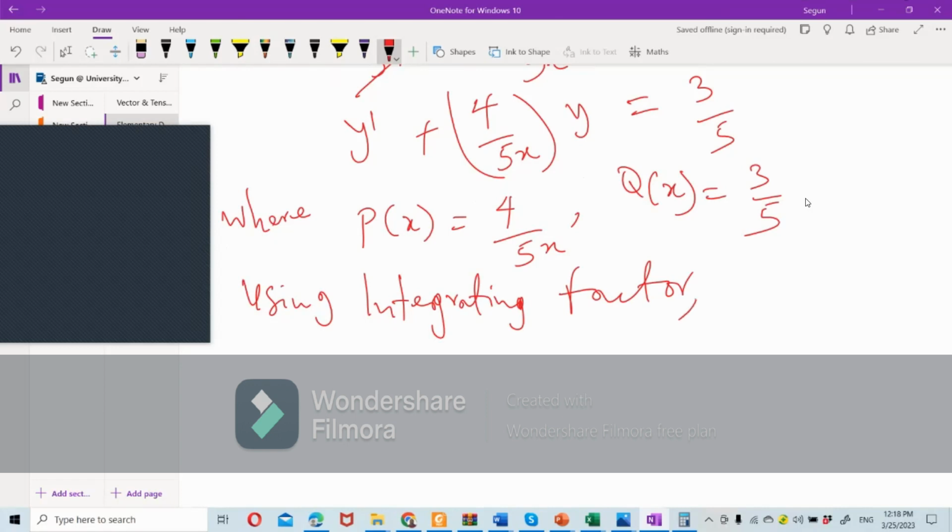So we have I of x equals exponential integral of p of x dx, which is the same thing as integral of, what is p of x? 4 over 5x. It's going to be 4 over 5x dx.